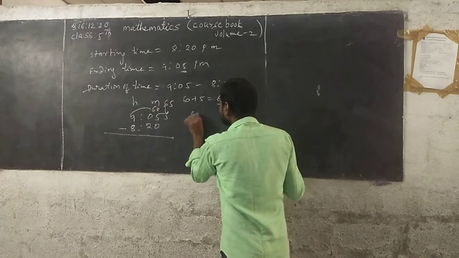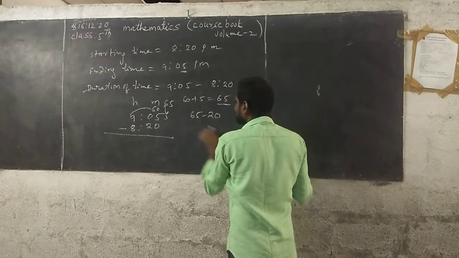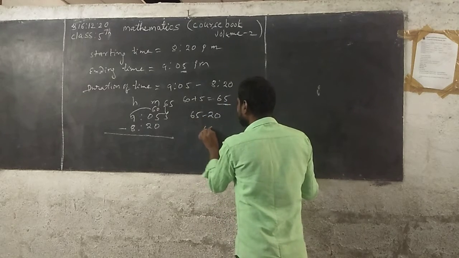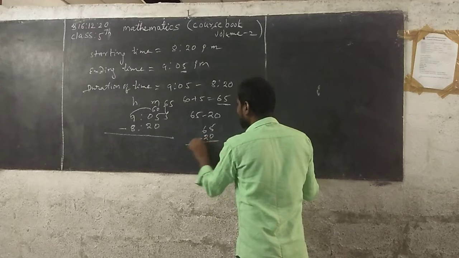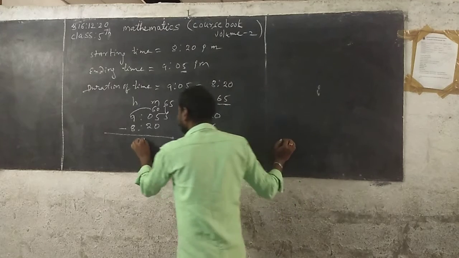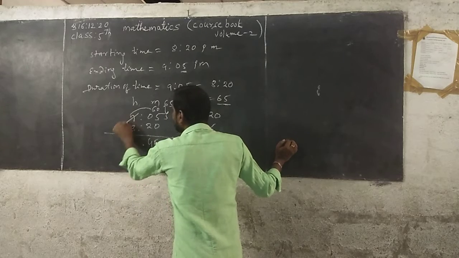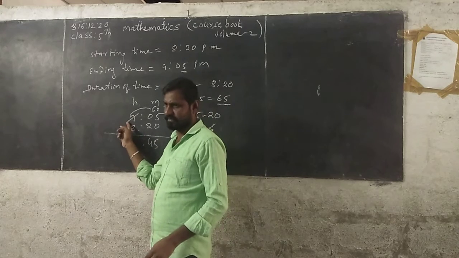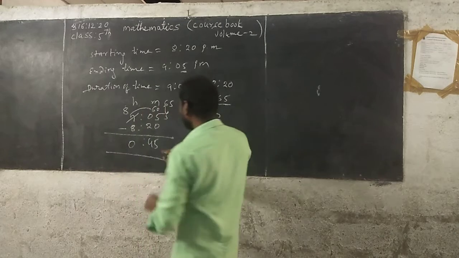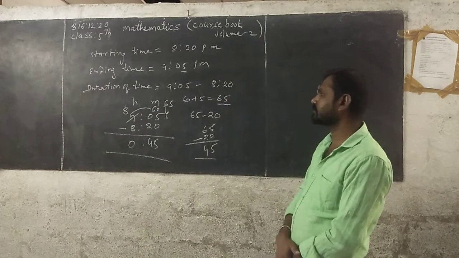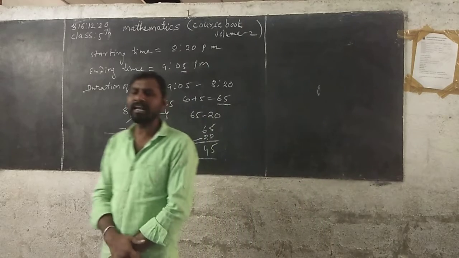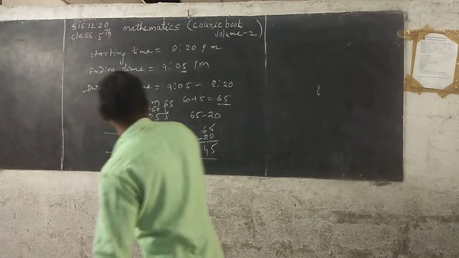You can write 65 minus 20, so you can do normal subtraction. 5 minus 0 is 5. 6 minus 2 is 4. So you get 45 minutes. The 9 lends 1, so 9 becomes 8. 8 minus 8 is 0. What is the time duration? Only 45 minutes.